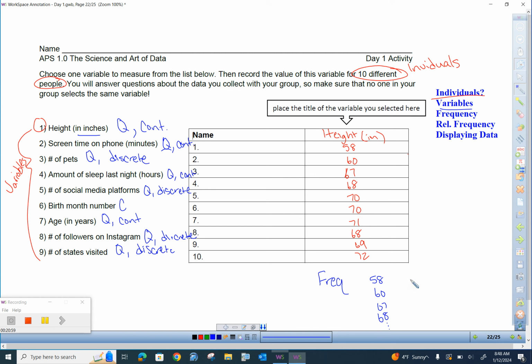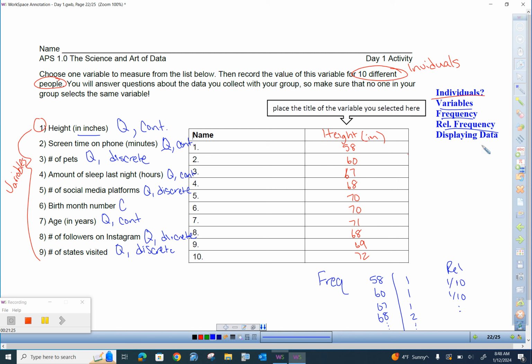So we would count in 58 there was only one, 60 there was only one, 67 there was only one, 68 there were two of them, and we could continue that process. Then our relative frequency would take each of these numbers and put it over 10 because there are 10 people. And then again, we usually write that as a decimal, so that covers those two things.